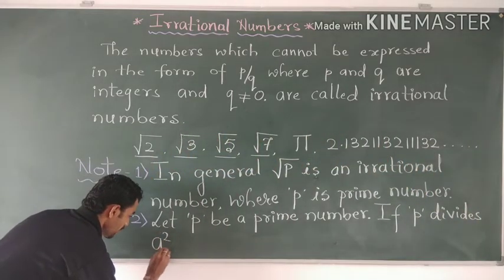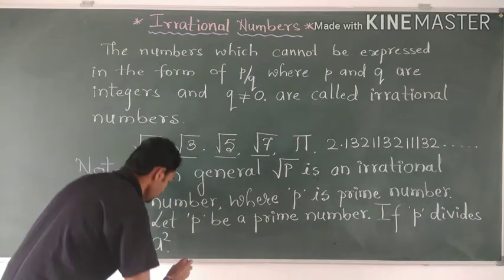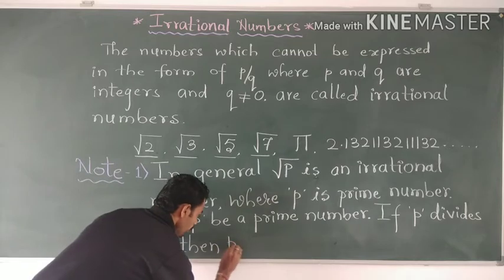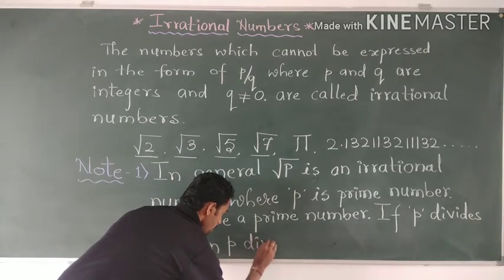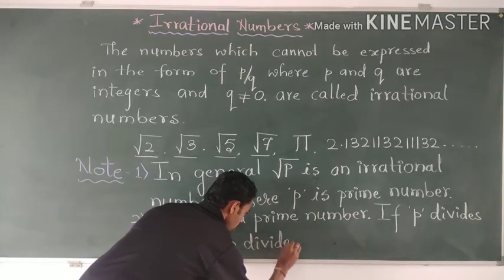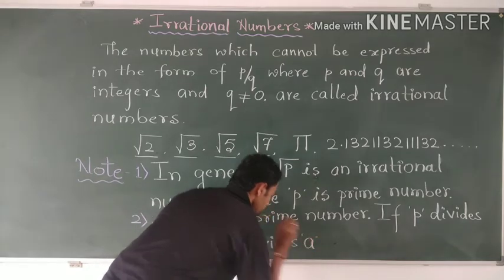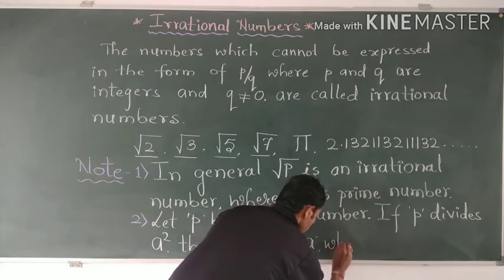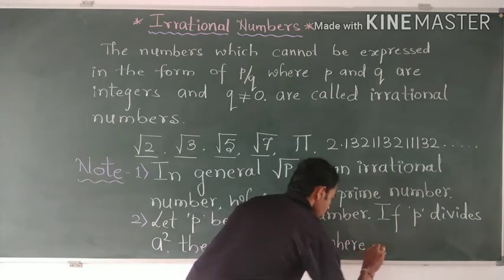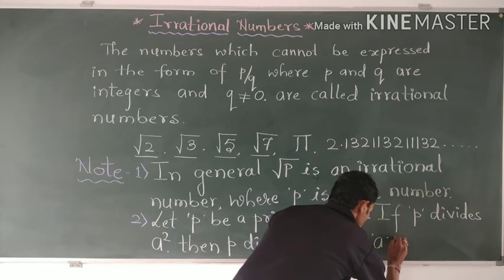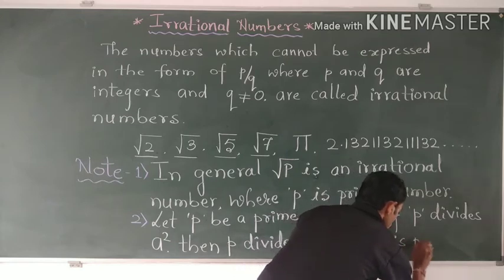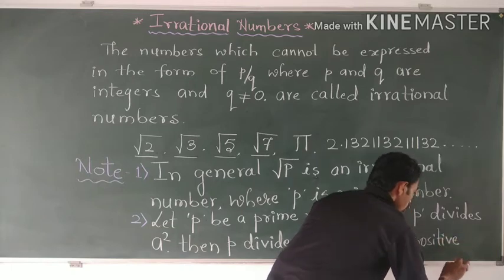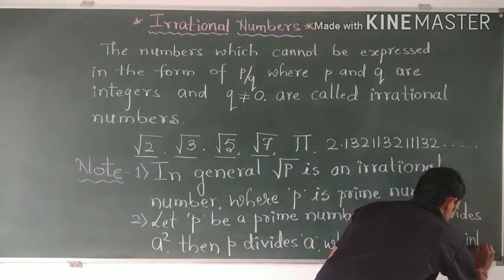If p divides a square, then p divides a, where a is a positive integer.